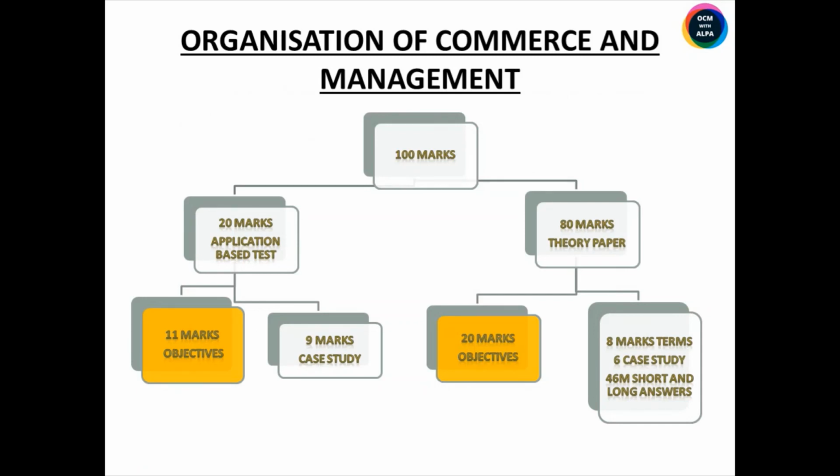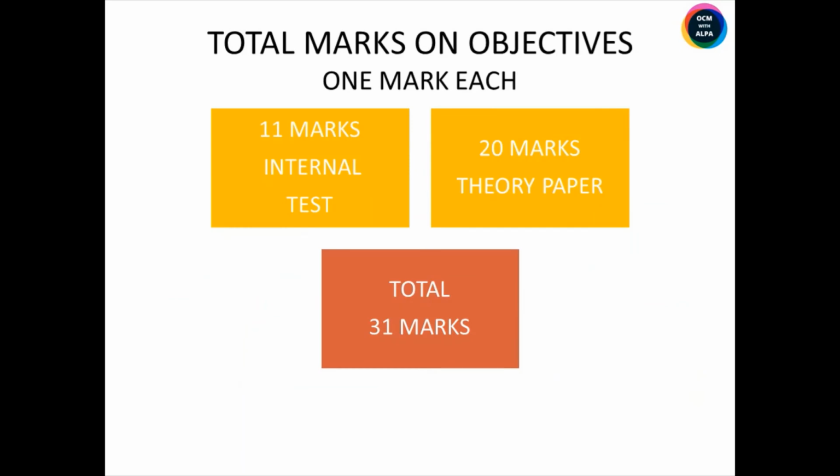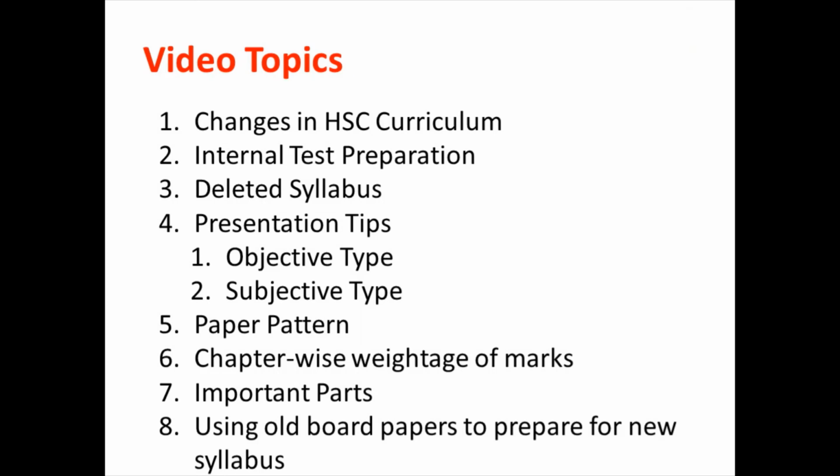As I said at the very beginning, 31 marks out of 100 is going to be objectives in both your application based and the theory paper together. So obviously it's a very important part of your 100 marks. Also, the 2 marks and other objective questions that you will be having, you will also be preparing in relevance to your objective type. So altogether, we find this really, really relevant.